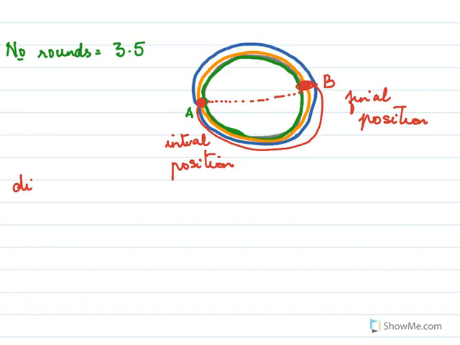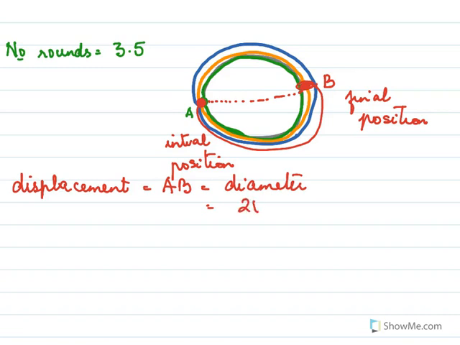Displacement is represented by AB, which we see is the diameter, and we know the diameter is 200 meters. So his displacement is 200 meters. His distance and displacement are not equal because he kept changing his direction as he moved around the circle.